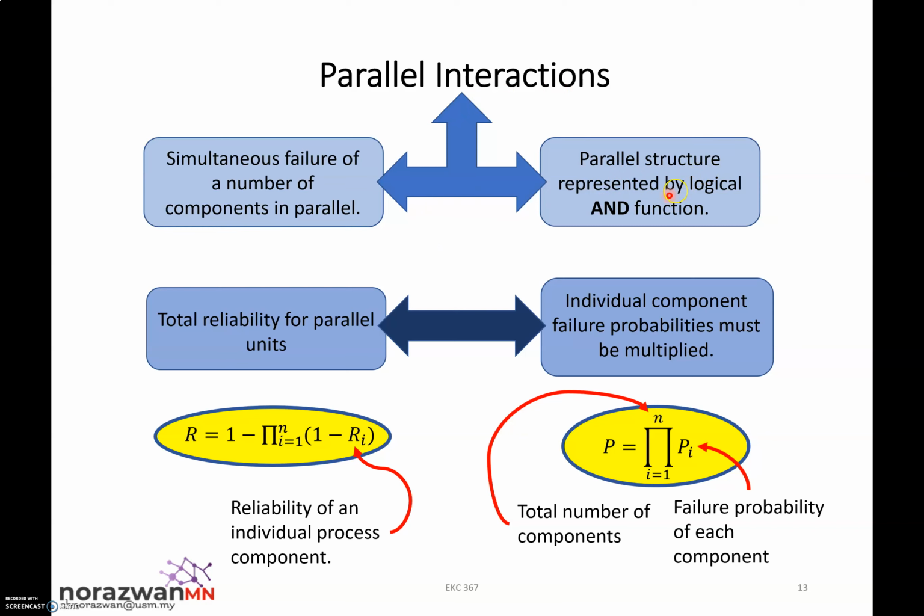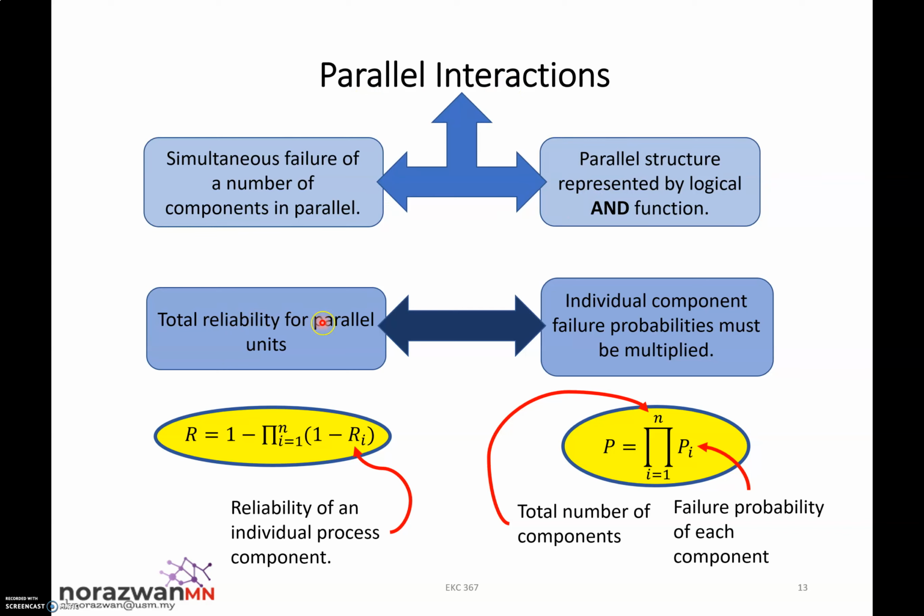So the logical AND function, this is the logic gate of AND. Did you remember? You have your logic gate of AND during your physics in your SPM. So this logic gate of AND will be used for the parallel interactions.